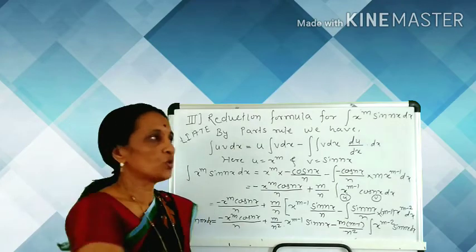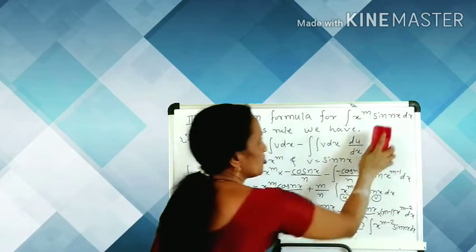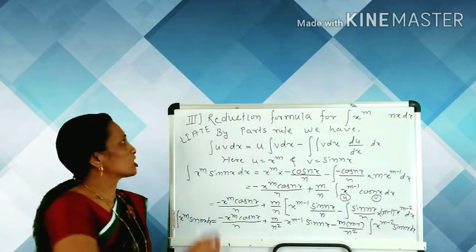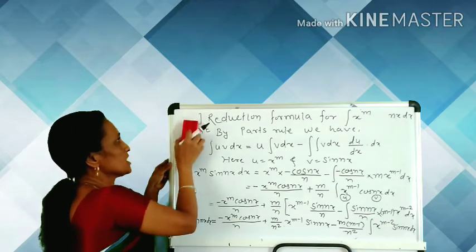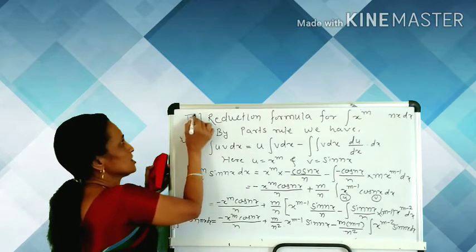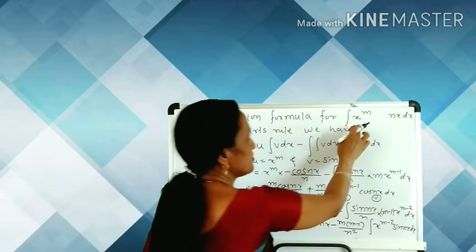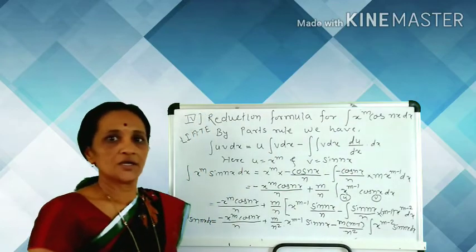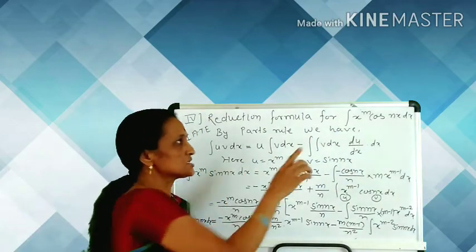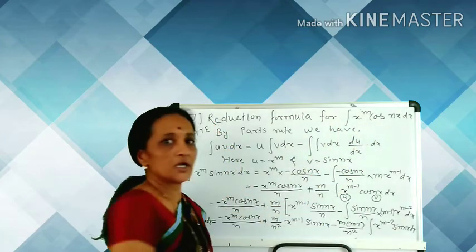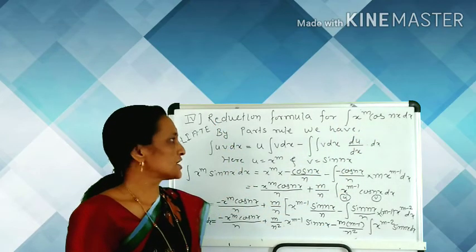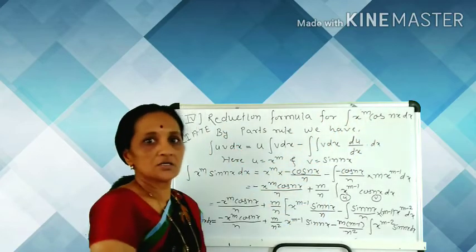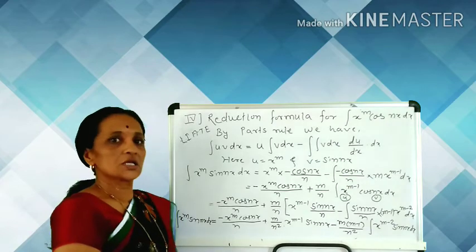We replace only the function for finding that, means your fourth formula is the reduction formula for the integration of x raised to the m multiplied by cos nx dx. The sine is converted into the cosine, so in that case also one is algebraic and another is trigonometric, the cosine.